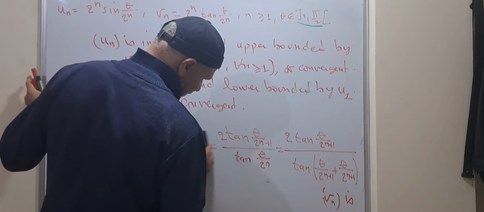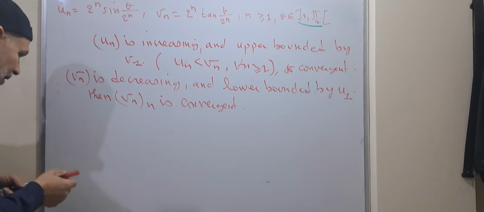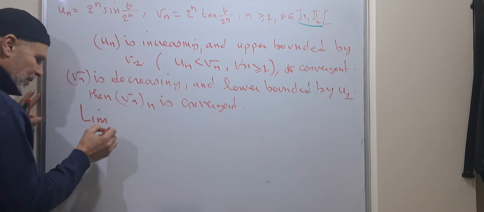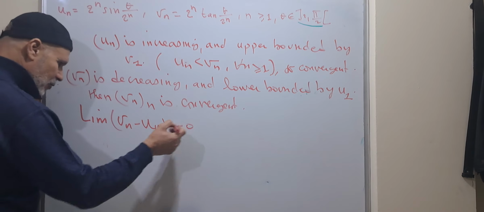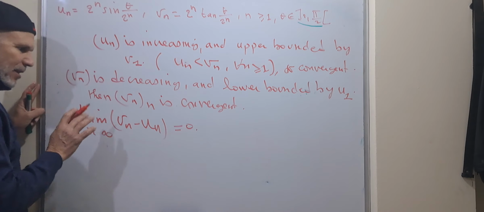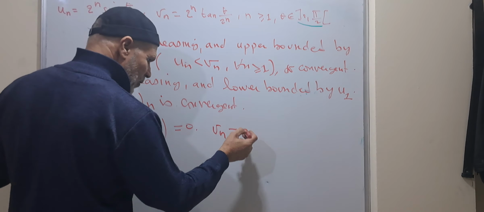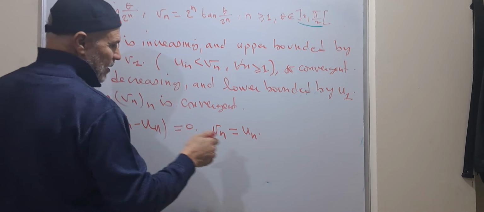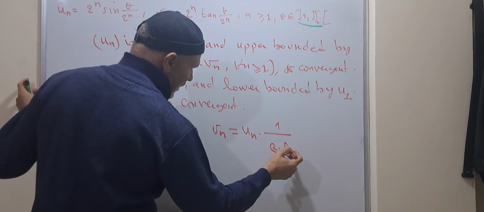The last point is to prove that the limit of v_n minus u_n is equal to 0 when n goes to plus infinity. Actually, this is obvious. Why? Because v_n is equal to u_n times 1 over cosine theta over 2^n.